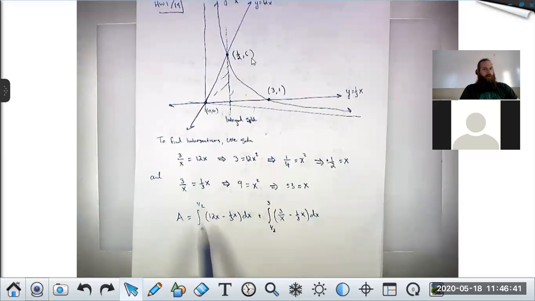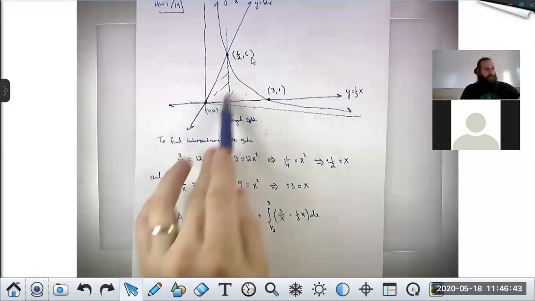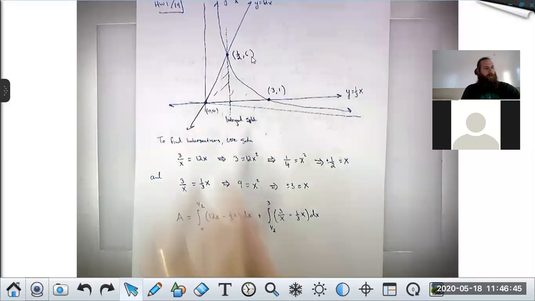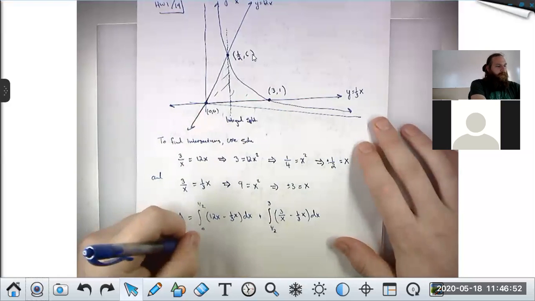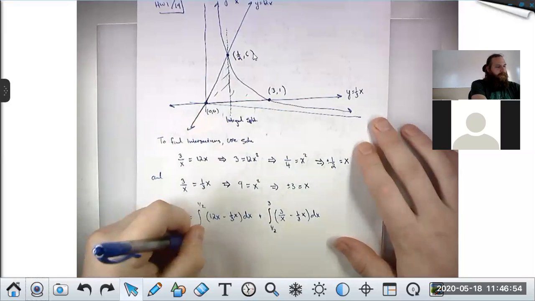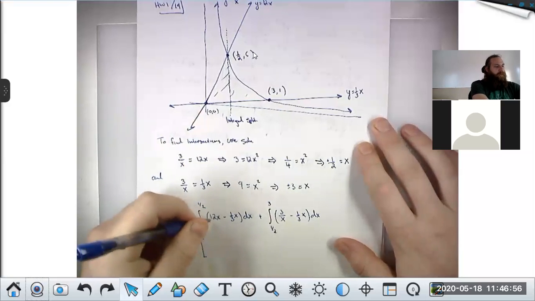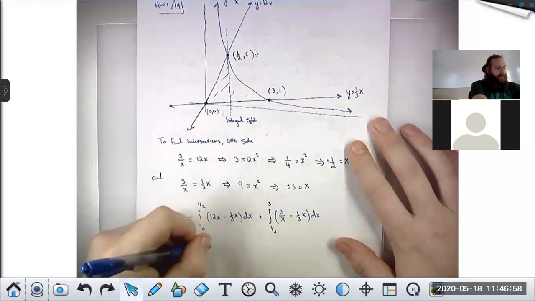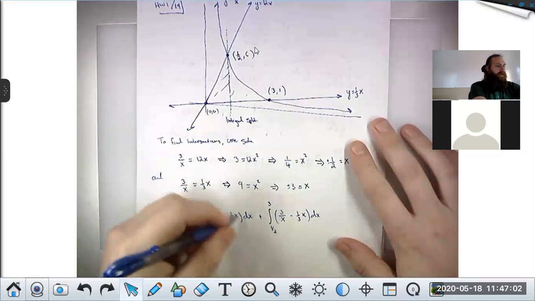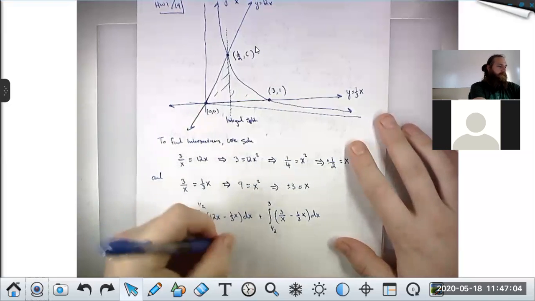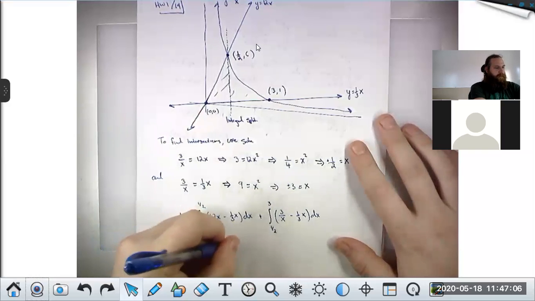So this integral represents this area, and this integral represents this area. Together, they give us the total enclosed area, and neither integral is especially difficult. An antiderivative for 12x is 6x squared, minus an antiderivative for 1/3 x is x squared over 6.